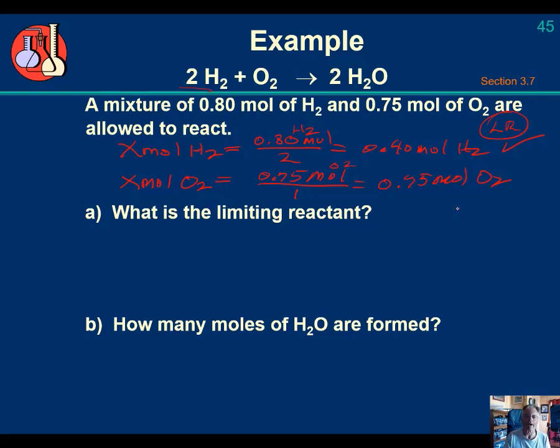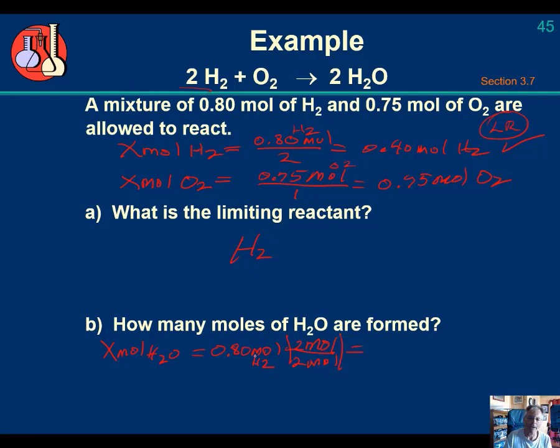Now, H2 is my limiting reactant, so how many moles of water are formed? Well, I can go ahead and calculate that real quick. X moles of H2O will equal 0.80 moles of H2. That's my limiting reactant. The coefficient for water is 2, so that's 2 moles of H2O, and my coefficient for H2 is also 2, so that's 2 moles of H2.